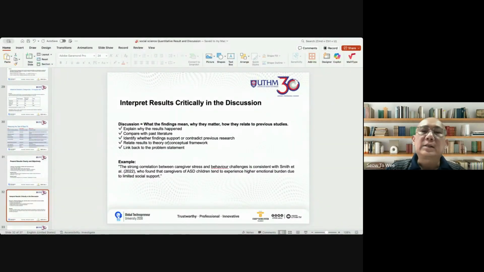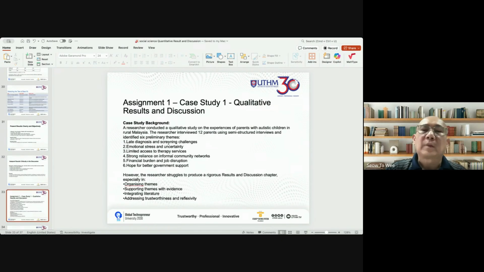Assignment one is a qualitative result and discussion. The case study background: a researcher conducted a qualitative study on the experiences of parents with autistic children in rural Malaysia. The researcher interviewed 12 parents using semi-structured interviews and identified 6 primary themes.